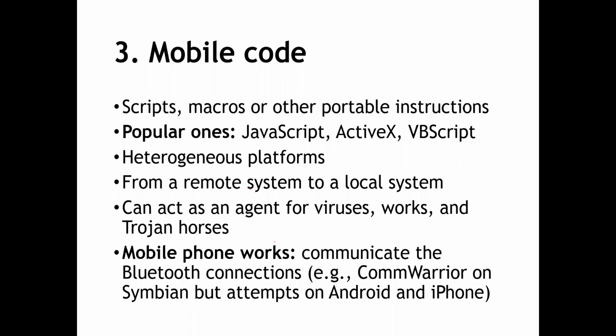That's why we say you use forensic tools to quickly identify some of this mobile code and some of the extra viruses, to be able to disarm them. They work on different platforms and go from different remote systems to a local system. They act as an agent for either worms, viruses, or Trojan horses.